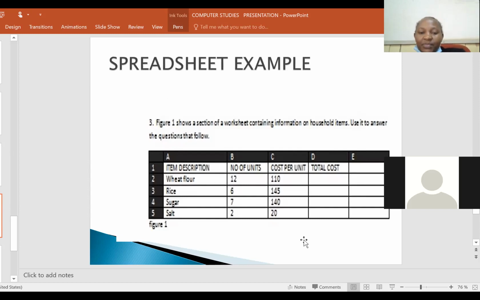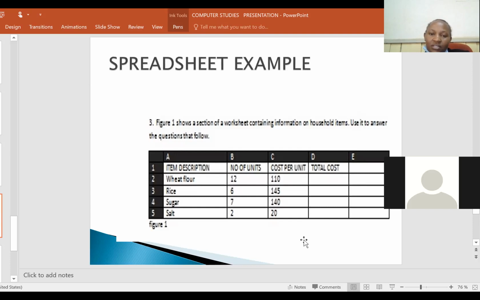On this spreadsheet example, figure 1, you can see the rows there, A, B, C, D, then the columns all the way from column 1 to column 5. There is the item description, the number of units, cost per unit, and total costs.